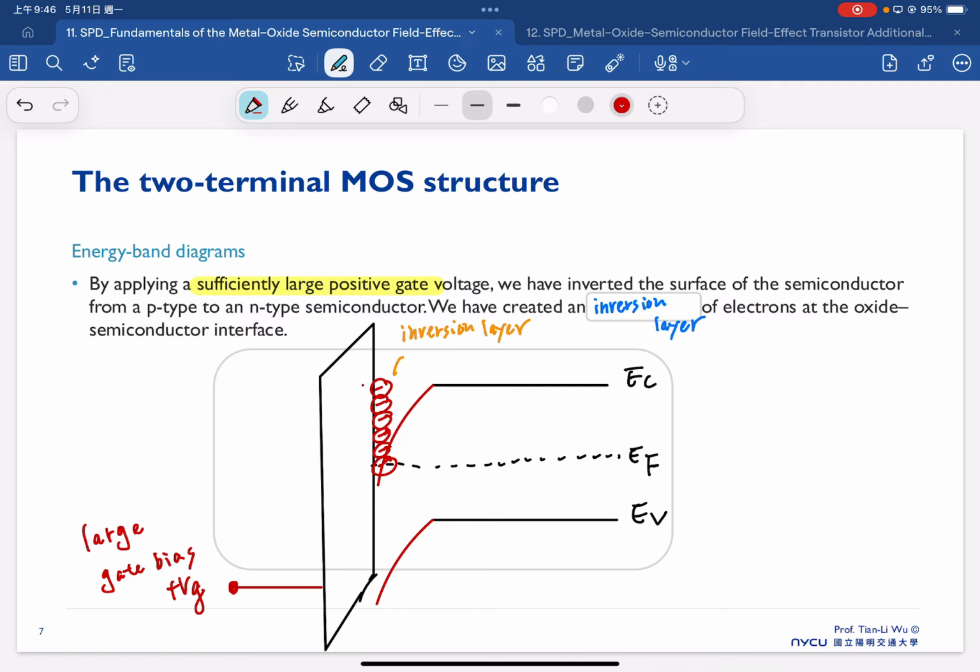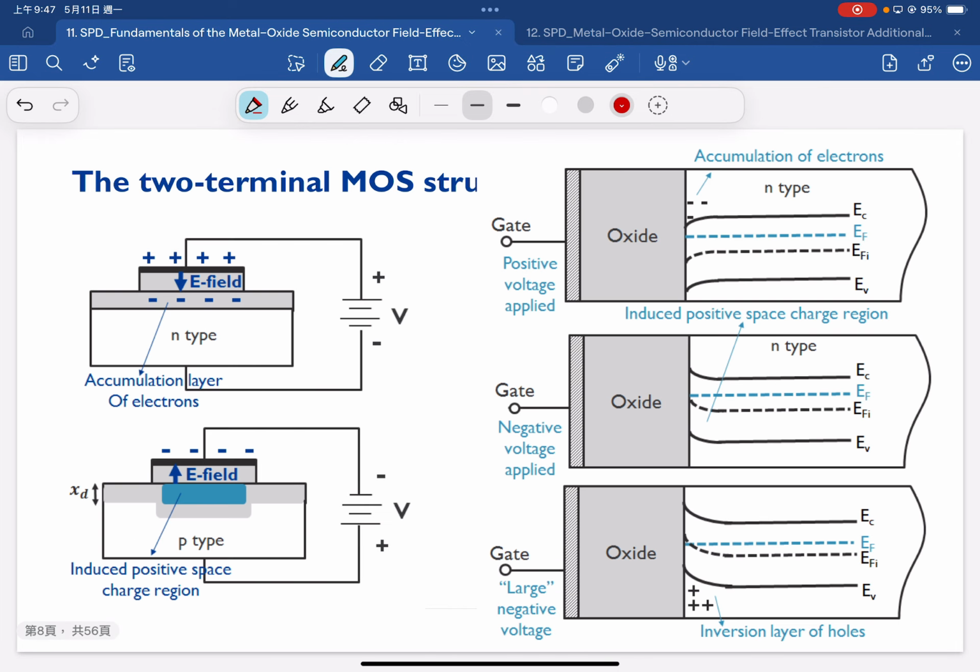The same analysis can be considered not only for the p-type substrate, but also for the n-type substrate as well.